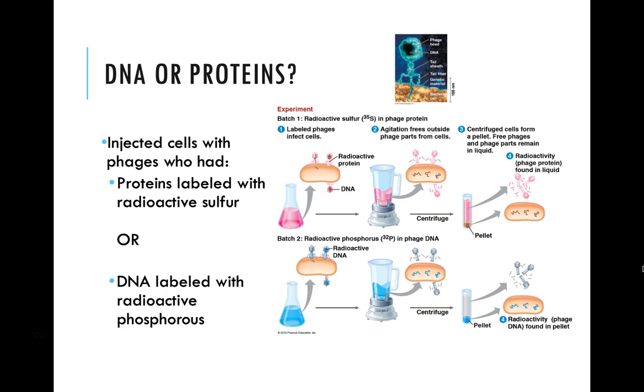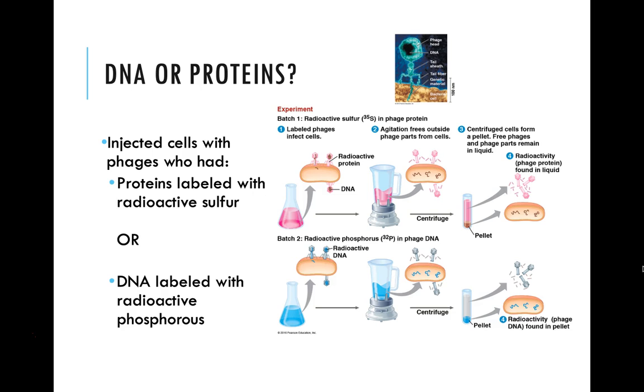So they did two parallel experiments. In the first one, they used radioactively labeled proteins. They used a radioactive sulfur label in their proteins, and they essentially labeled all of the proteins in that virus. They allowed the virus to attach to the E. coli cell, to inject its DNA, and then they agitated it just using a blender.